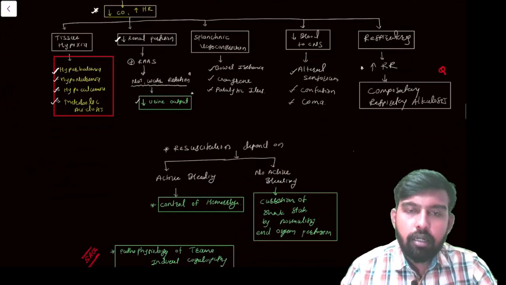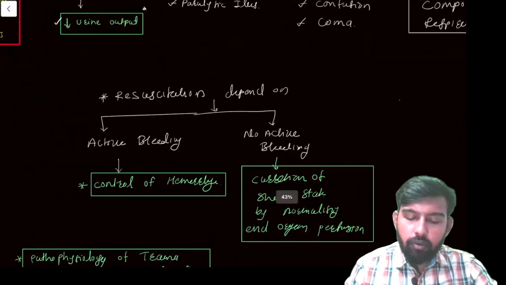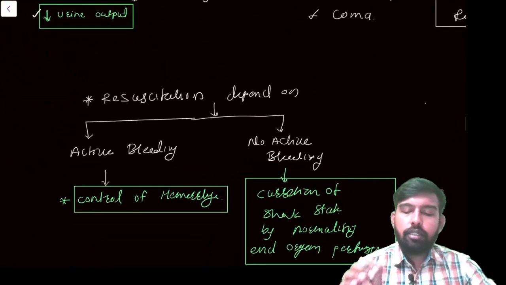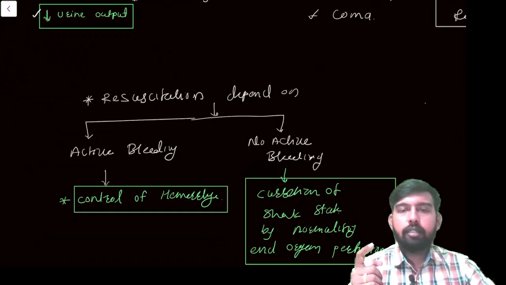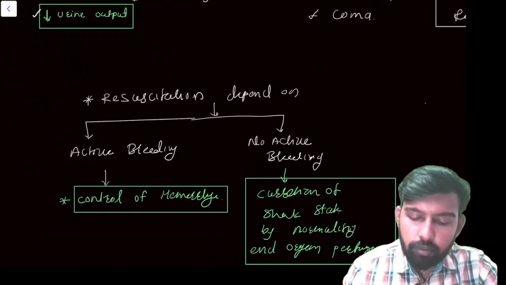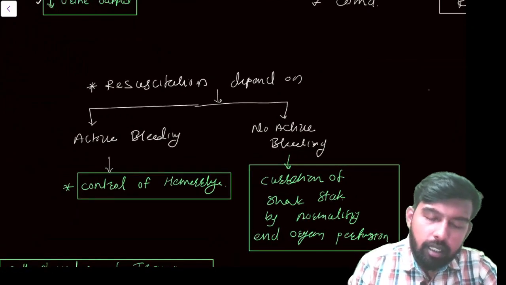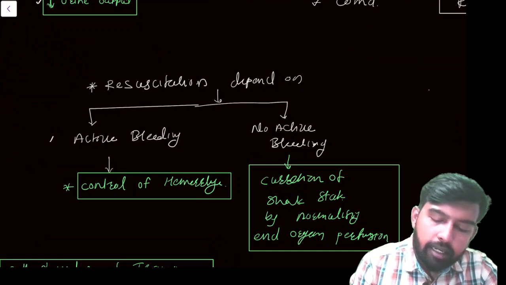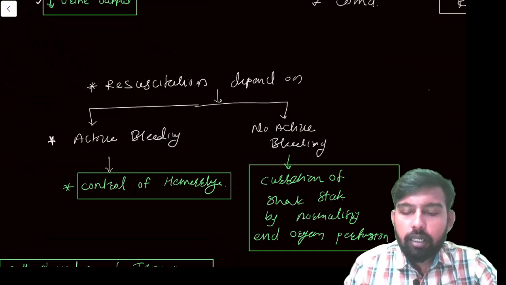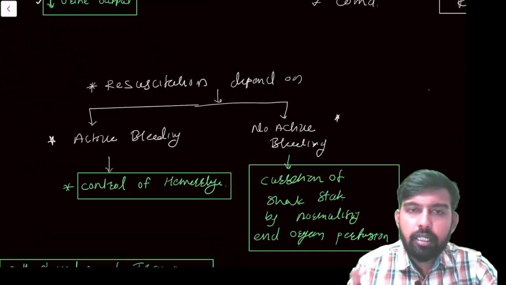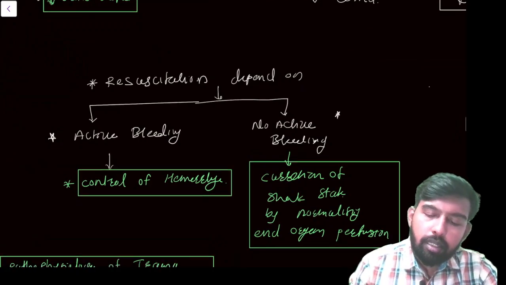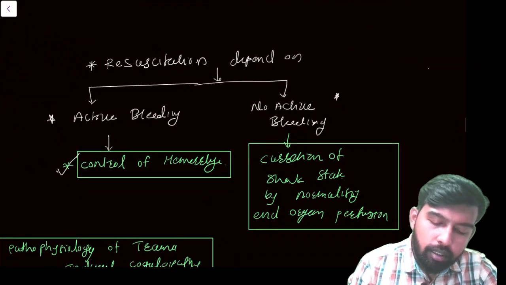So let's see what are the resuscitation methods of hemorrhagic shock. Basically, resuscitation depends upon whether the patient is having active bleeding or no active bleeding. If the patient is having active bleeding, the control of the hemorrhage is the most important management.